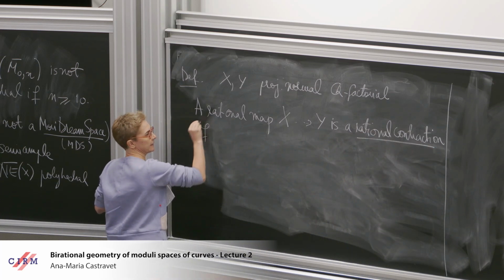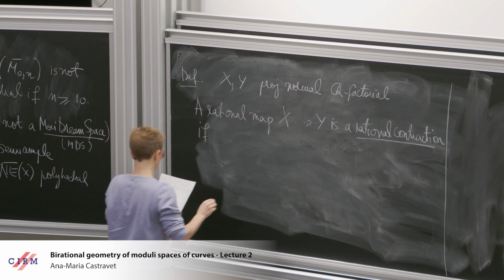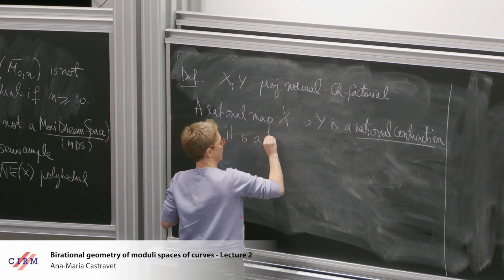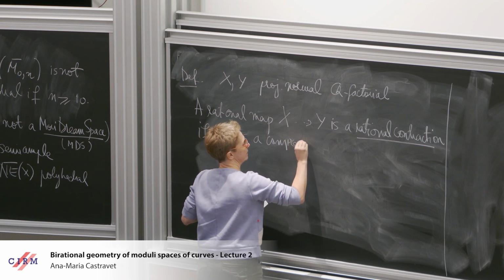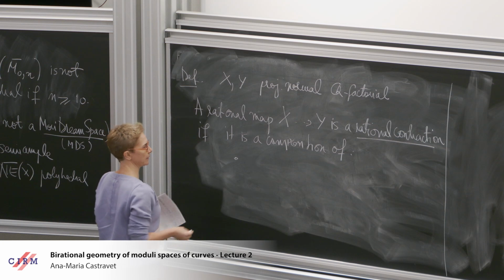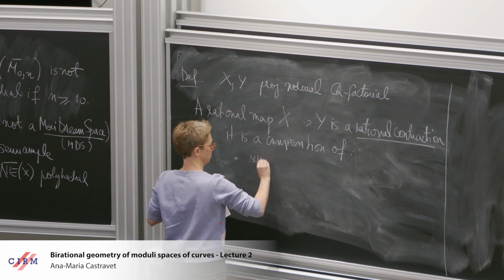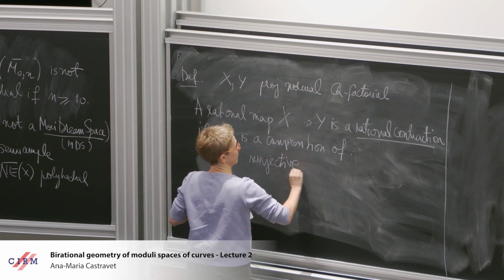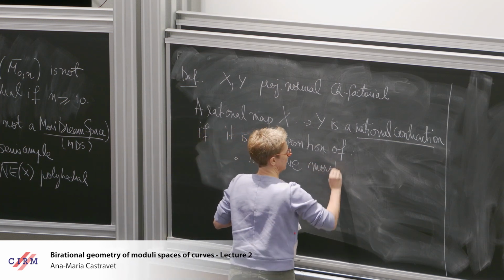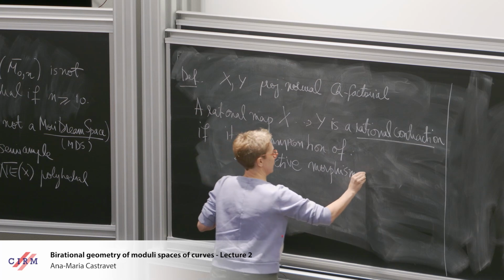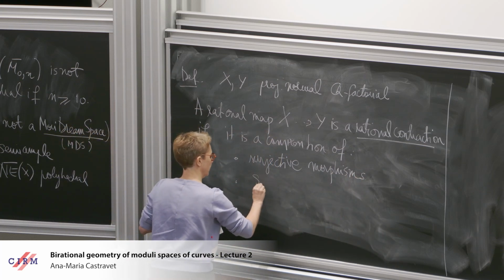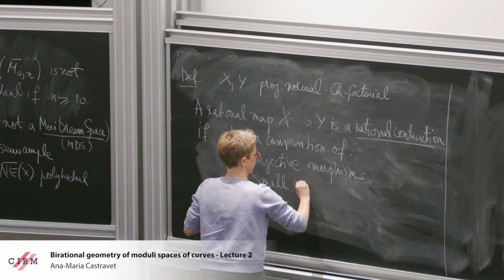If this is a composition of two types of maps, and you can have several of them. So either a surjective morphism, always between projective Q-factorial varieties, or you can also allow isomorphisms in codimension 1. So small modifications.